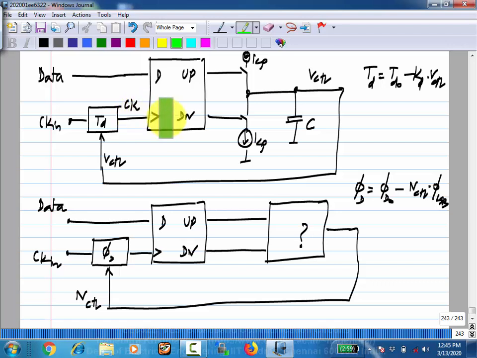How much is that? You get a single up signal here. How much does the phase of this clock change?